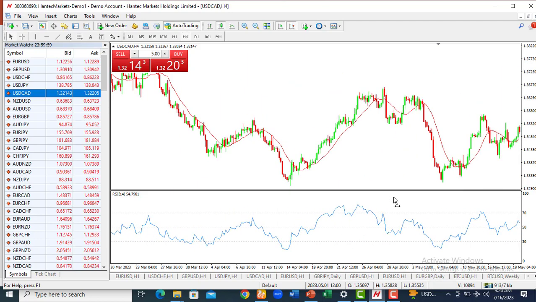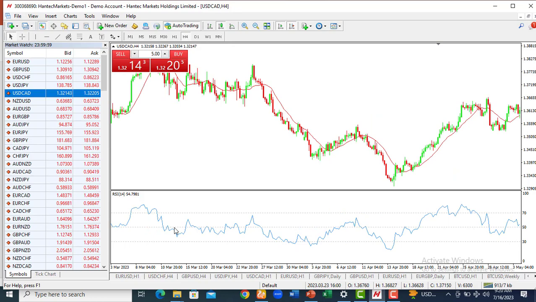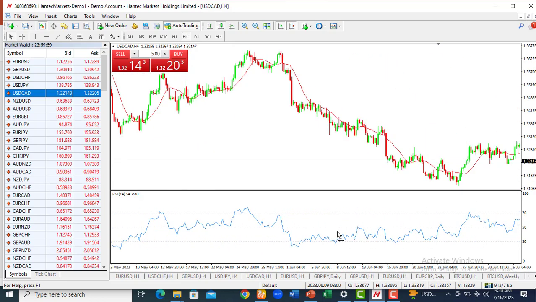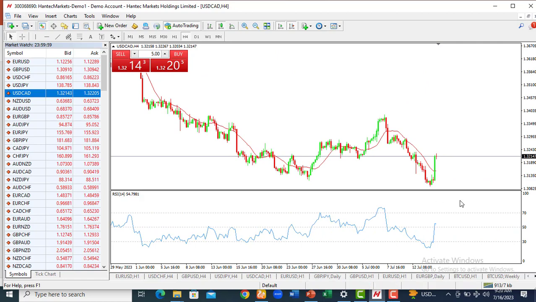At the 30 level, it goes up. So the market finds it difficult. A market is said to be overbought when it is at 70 and above, and when it is at 30 and below, it is said to be oversold.